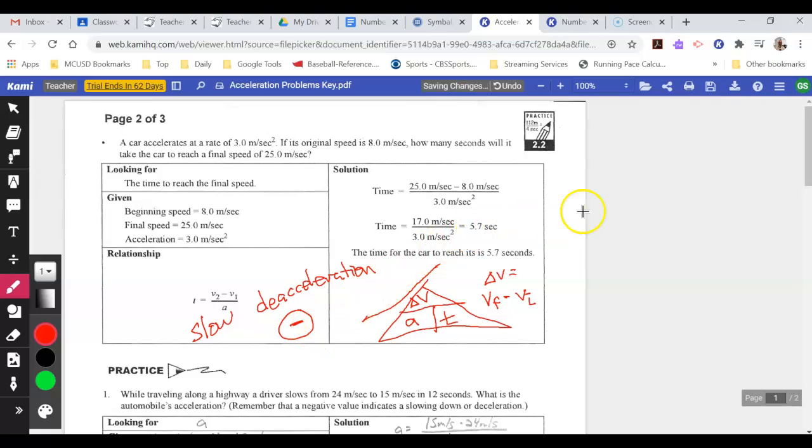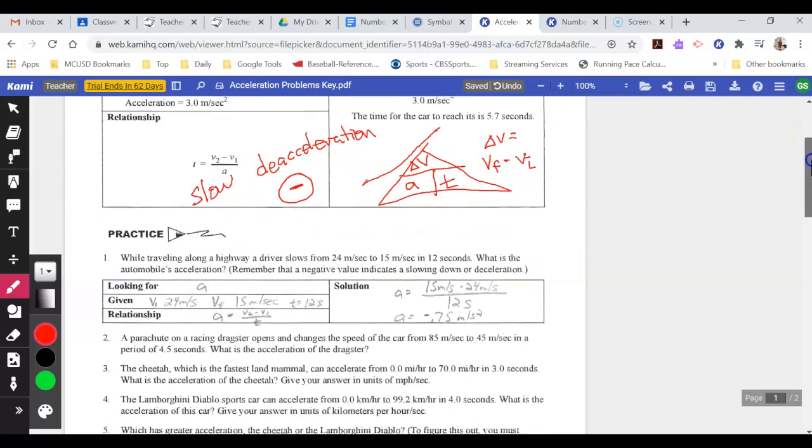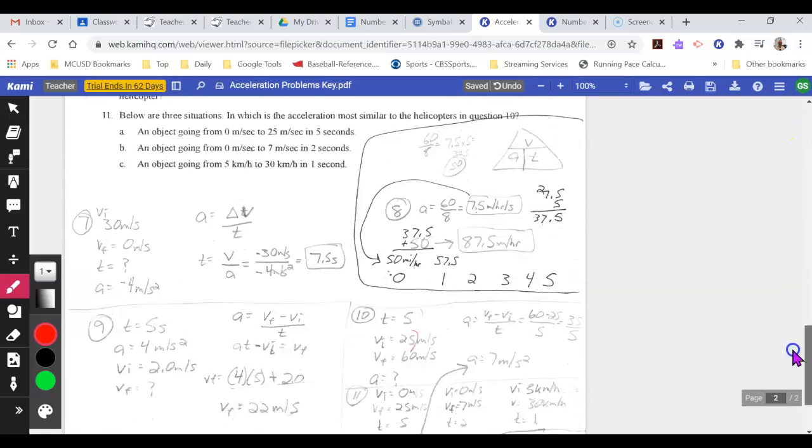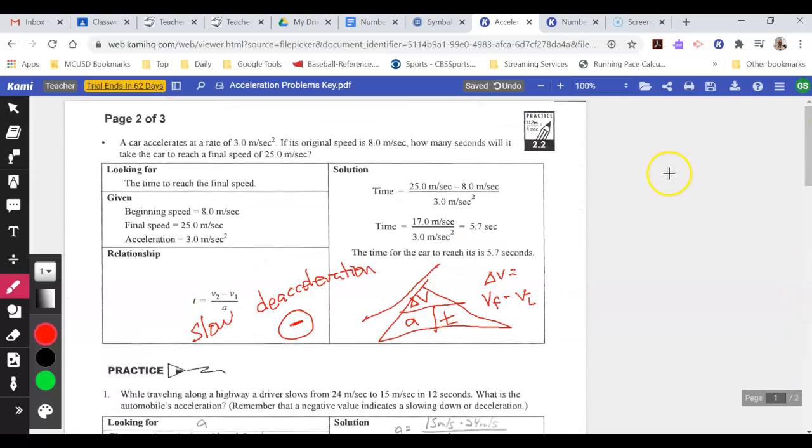So be careful of that. So review your acceleration problems. And again, if something is not making sense, email me because you will have your quiz tomorrow on velocity and acceleration.